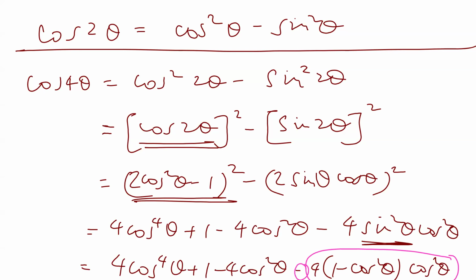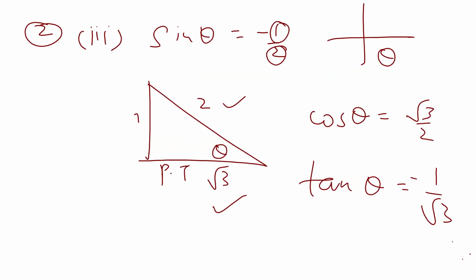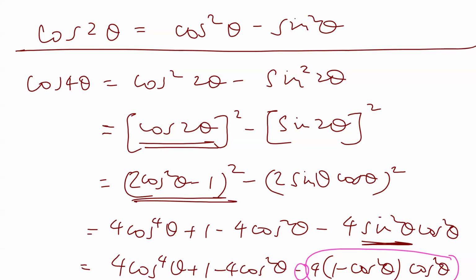Initial terms will remain the same. See, I'll show you once again. I'll multiply this minus 4 cos square theta within the round bracket. So 4 cos raised to 4 theta plus 1 minus 4 cos square theta.